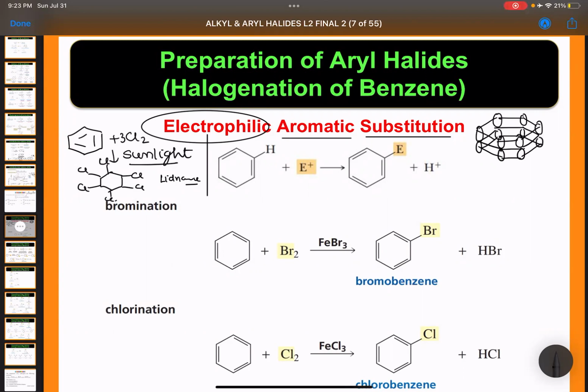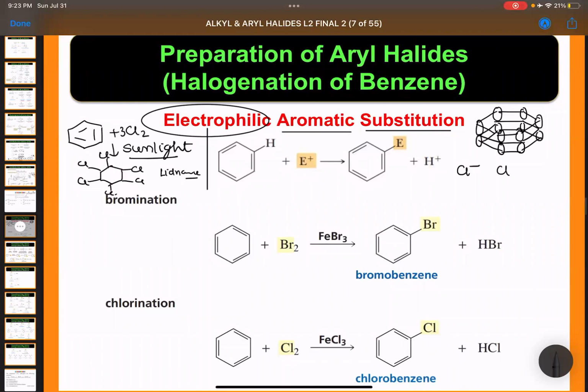So if you want Cl to come and get attached to the benzene, that Cl should not be Cl minus, because that will be repelled away. That Cl should not be a Cl radical, because with a radical, addition will happen. That Cl should be Cl plus.